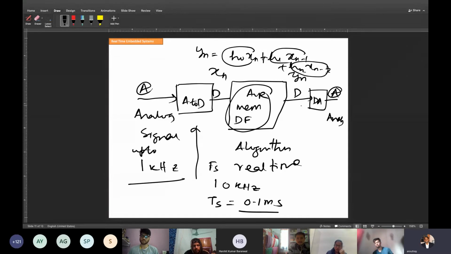Xn is the input, Yn is the output, computed as a sum of products. That's an FIR digital filter, finite impulse response. This computation has to go on inside the AVR microcontroller or the computer. We'll talk about how the computation will go on.